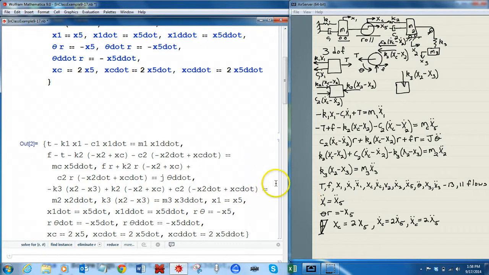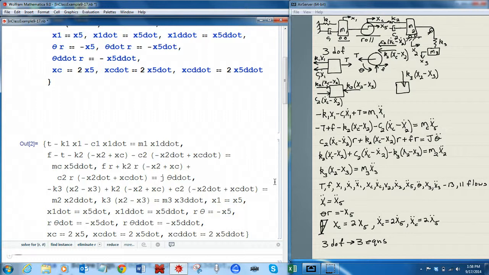Okay, so now the next thing is to try to solve these equations. So we need to think about what we're expecting. Since it is a 3 degree of freedom system, 3 DOF, that means I'm going to want 3 equations. So at the end of this, I'm looking for 3 differential equations that I want to solve.